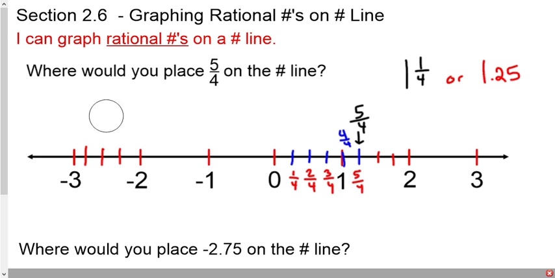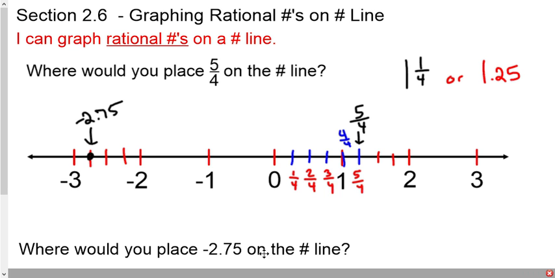Let me space that just a little bit better. There we go. -2.75.